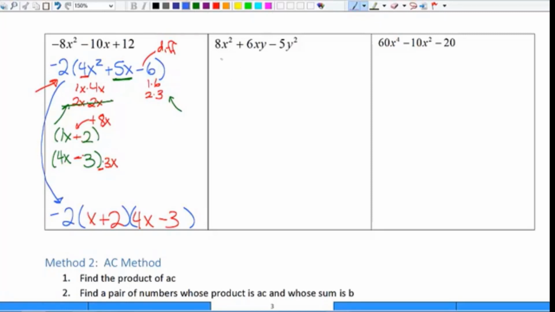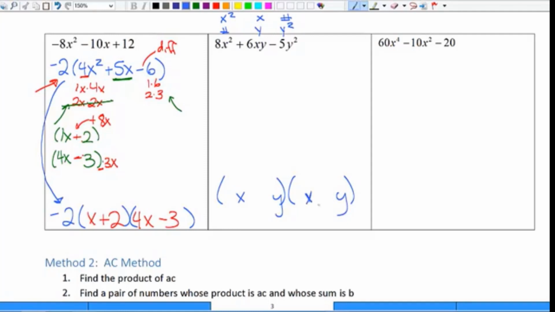On the next problem, it does not have a GCF, but we have x's in the front and y's in the back. We talked a little bit about this earlier, where the x's go down nice and neatly, like x squared, x, number, that's normal, right? But the y's also go up nice and neatly: no y's, one y, and two y's in the terms. Well, in this case, my solution is just going to have x's in the front and y's in the back.